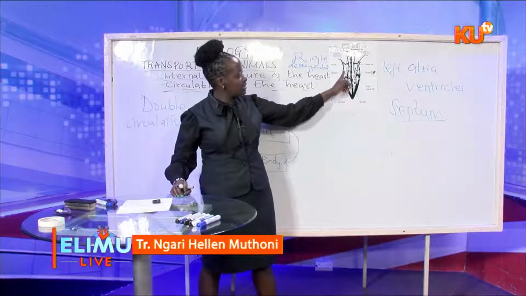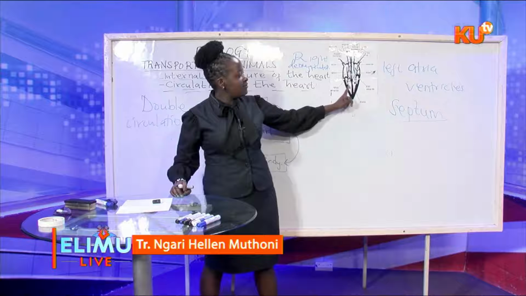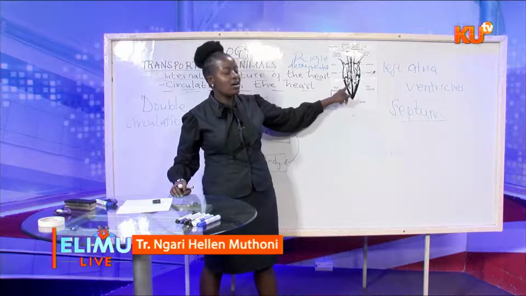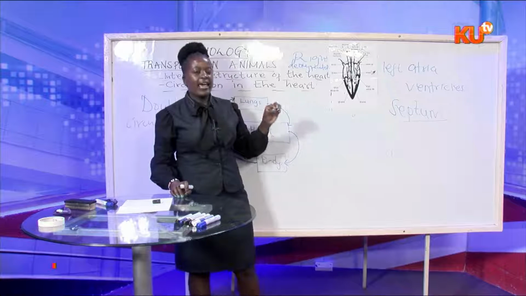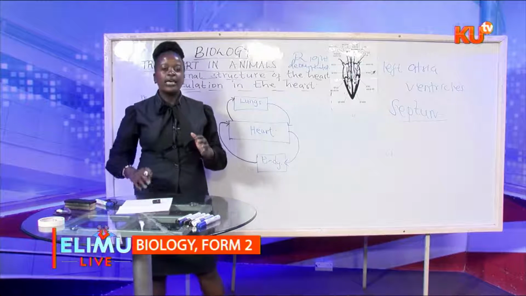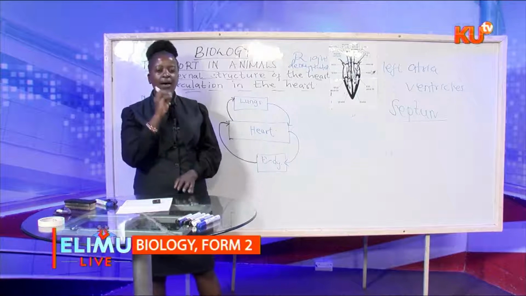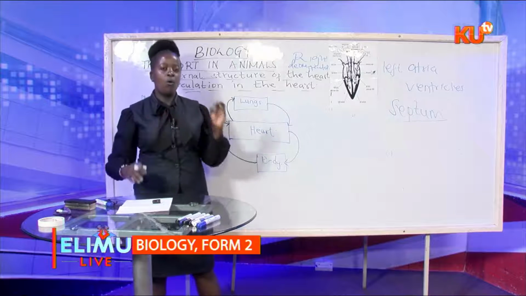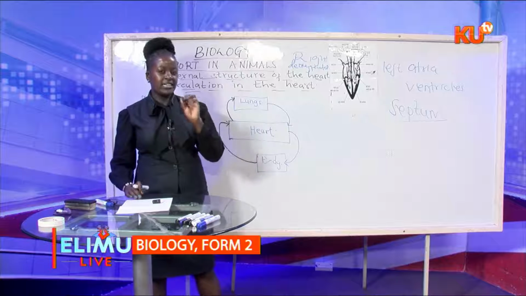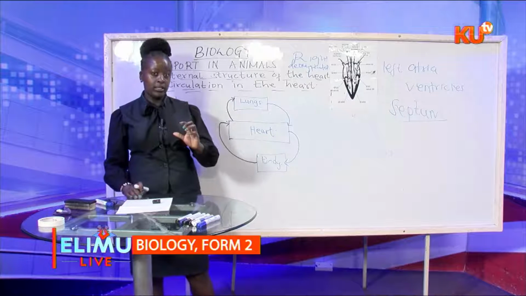These are the walls, the right ventricle, the left ventricle. The left ventricle has thick walls, and the reason why the left ventricle has thick walls is to generate enough pressure to pump blood to the whole body.